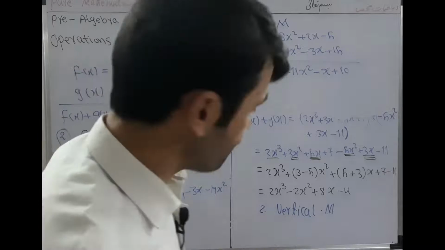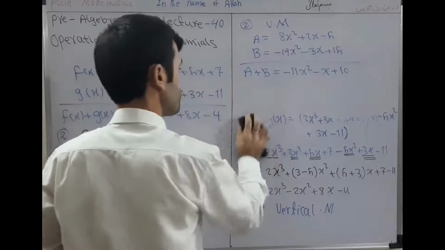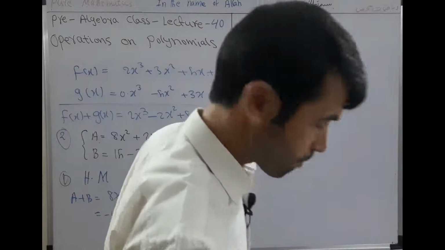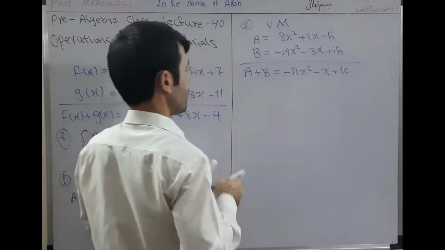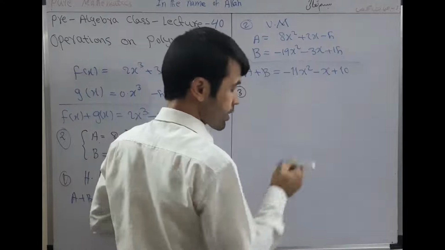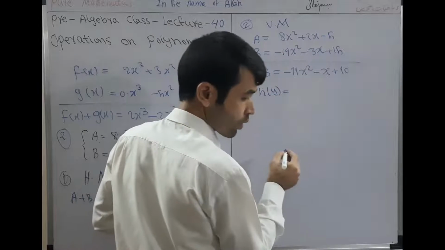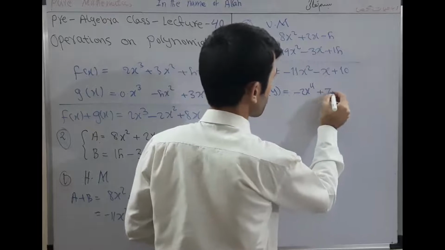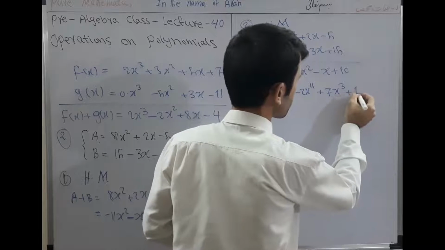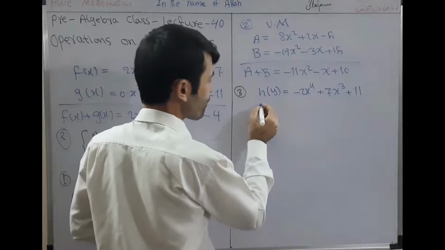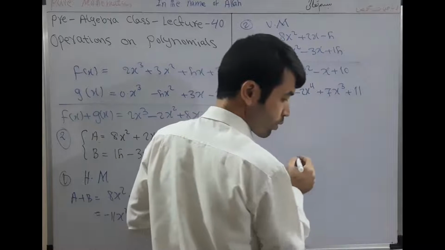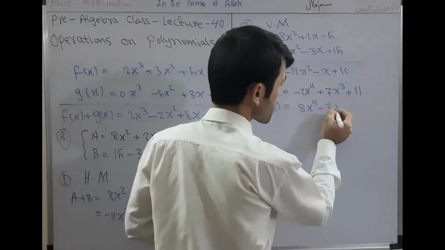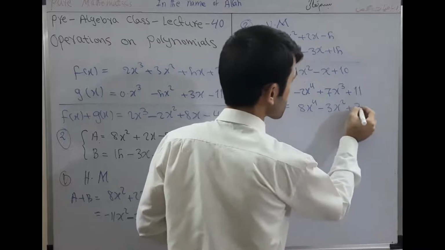Third question. Question 3. h of y is equal to minus 2x to the power 4 plus 7x cube plus 11. p of y is equal to 8x to the power 4 minus 3x square plus x.